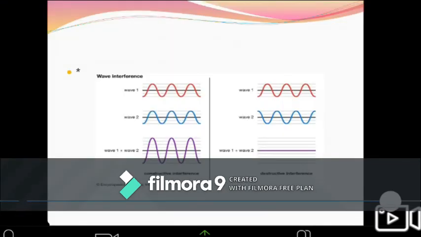You know from this interference, look at wave 1 in blue and wave 2 in red, when they match, the amplitude matches, you will get an increase in amplitude. If the waves have a phase difference of 180 degrees, it will not produce the output. It is destructive in nature.